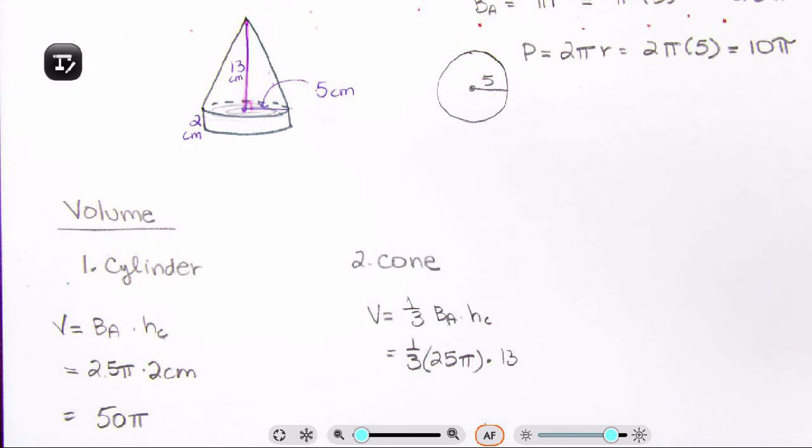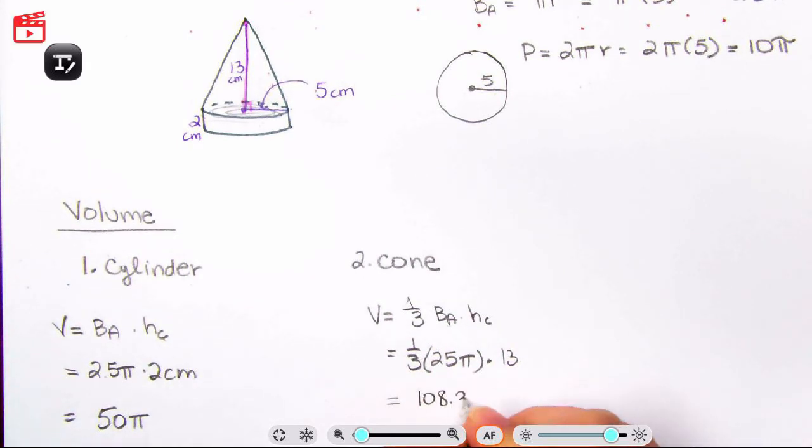Now I was able to do that one in my head. This one, unfortunately, I cannot. I don't know what 25 times 13 is, so I'm going to use my calculator. 25 times 13 is 325, divided by 3, and I actually get a fraction. My calculator does exact answers. So I get 325 divided by 3, which I'm going to start rounding, so I get 108.33 pi.